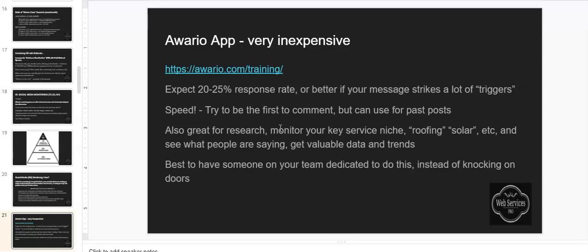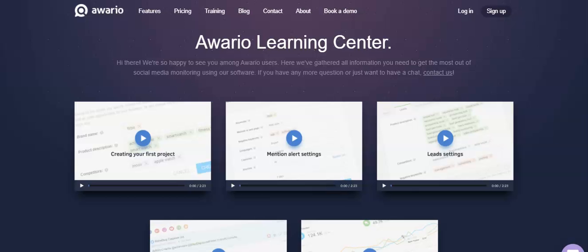So it's key both for research and for lead generation. As I said before, it's best to have someone on your team dedicated to this. And instead of brute force outbound marketing like knocking on doors and fighting an uphill battle with cold audiences, you don't need to waste your time on that.